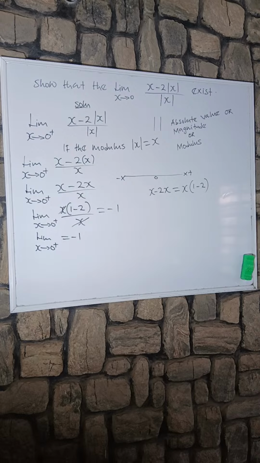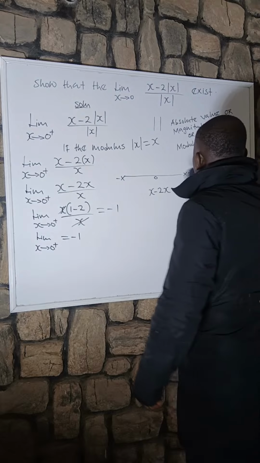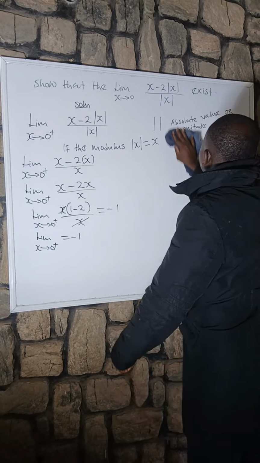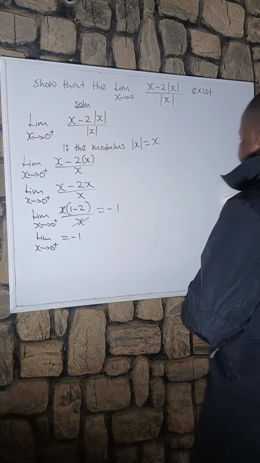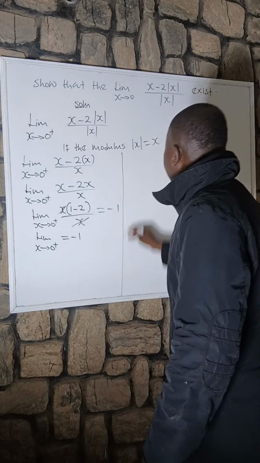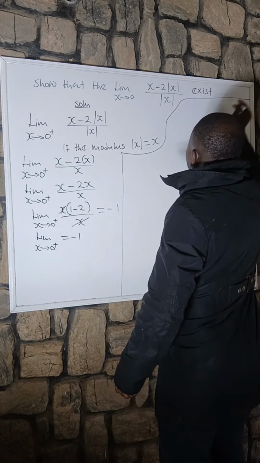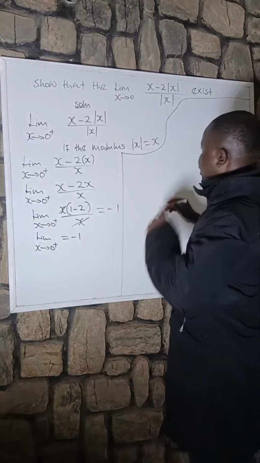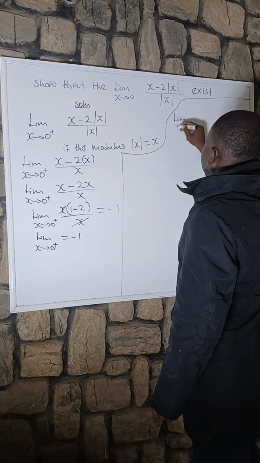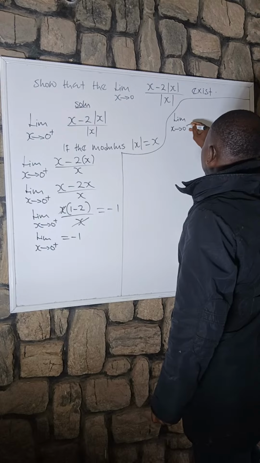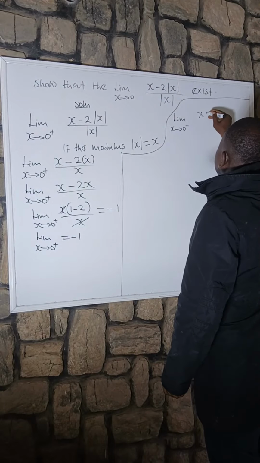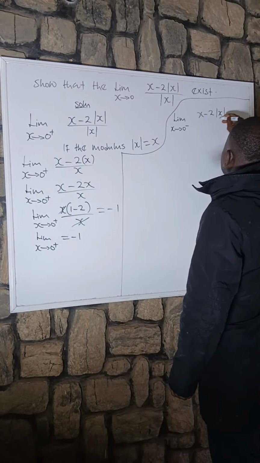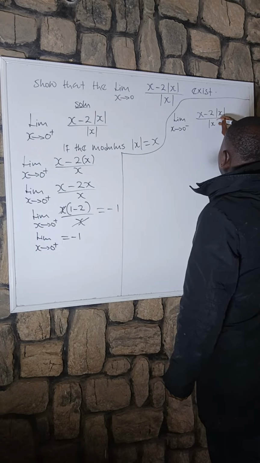Are you following? So let us consider the left hand side. It means the left hand side will now be x tends to 0 minus, right? So here we have x minus 2 absolute value of x all over absolute value of x.